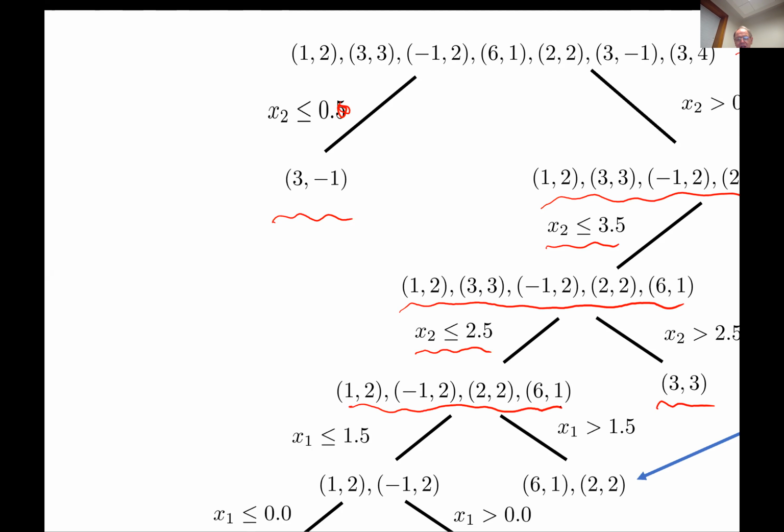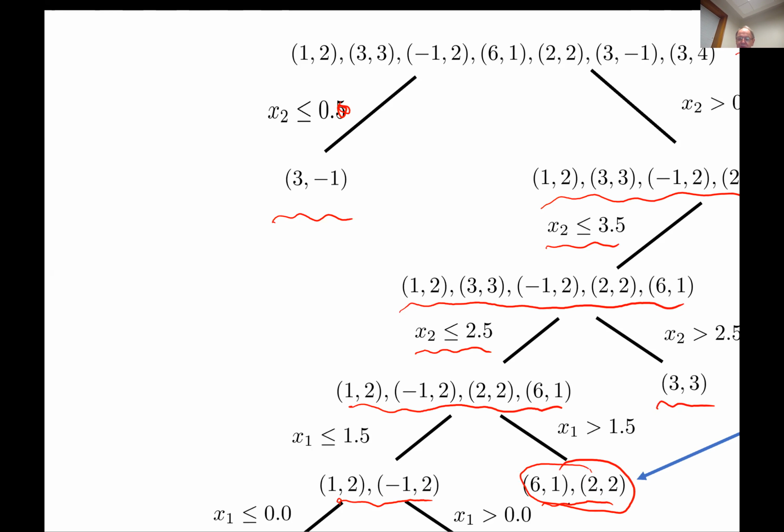We split this at x1 equal to 1.5. The data set gets split into two pieces, both of which have 2 points in it. The right node has 2 points, but they have the same label, so the Gini Index here is 0.